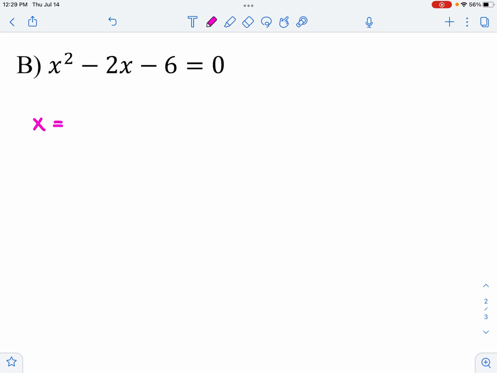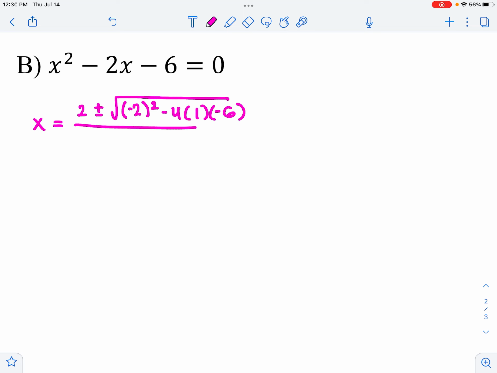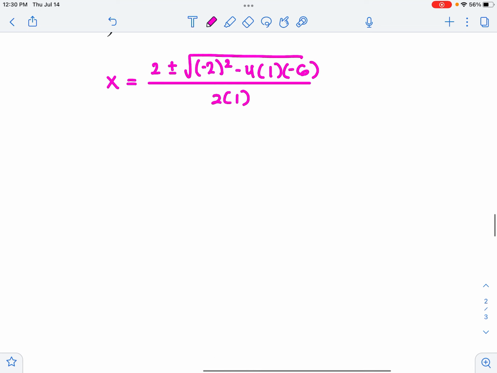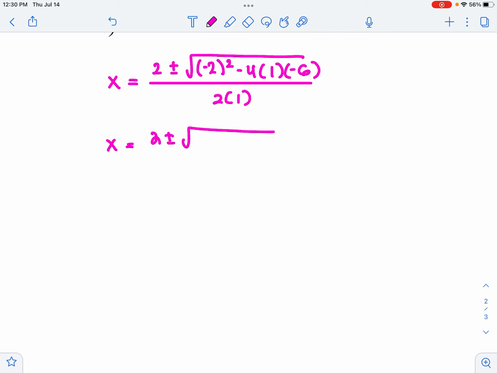X equals the opposite of b, which is negative 2, plus or minus the square root of b squared. So I'm going to put negative 2 in parentheses and square it, minus 4 times a, which is 1, times c, which is negative 6, all over 2 times a, which is positive 1. All right, so we have x equals negative b, 2, plus or minus square root of, I'm going to clean up those numbers.